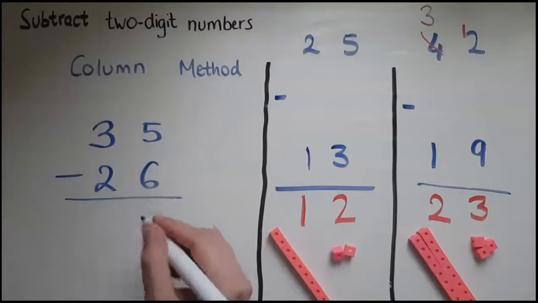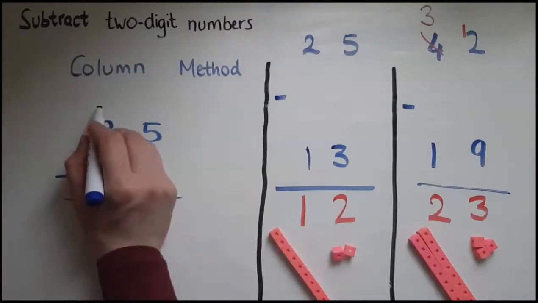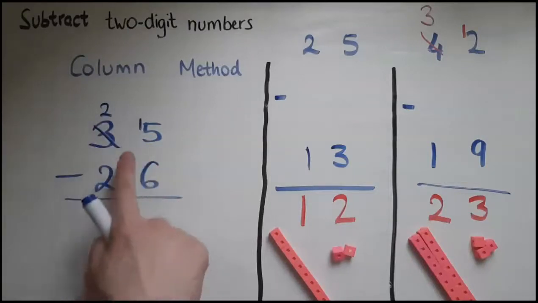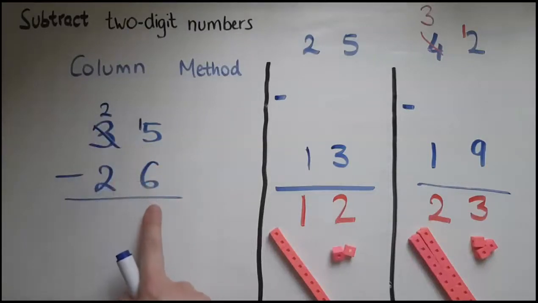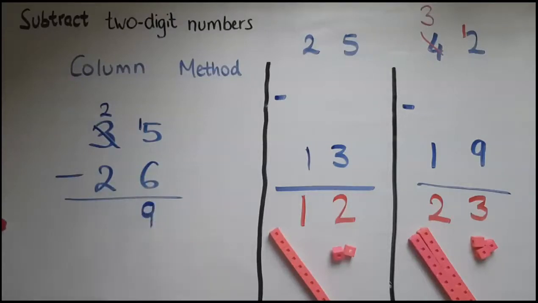So I'm going to have to borrow 1 lot from 3. So 3 becomes a 2 and 5 becomes 15. 15 take away 6 gives me 9. And 2 take away 2 leaves me with 0, and I don't need to write that number in front. So my answer would be 9.